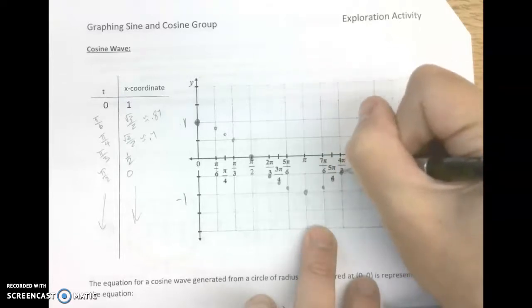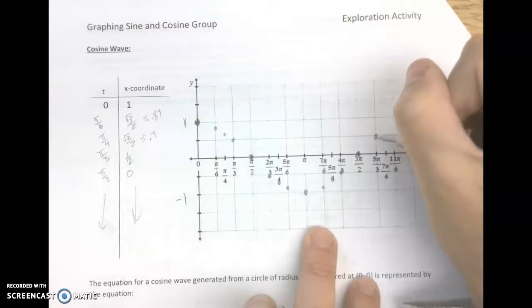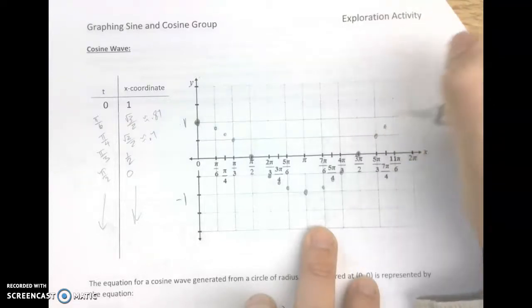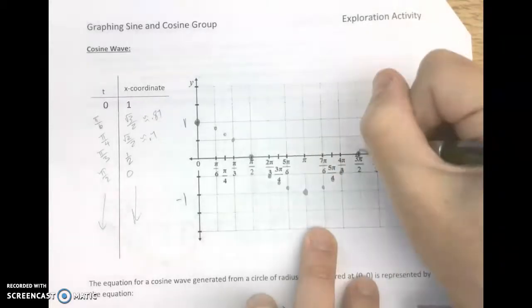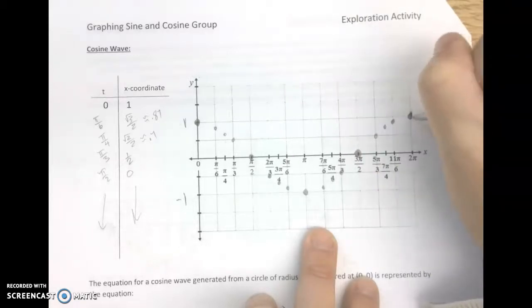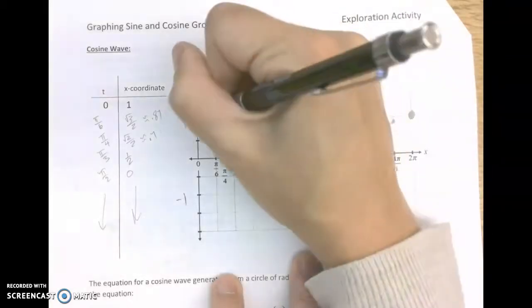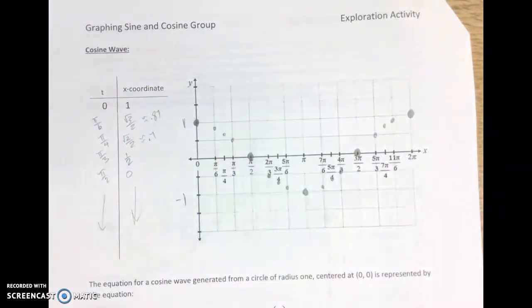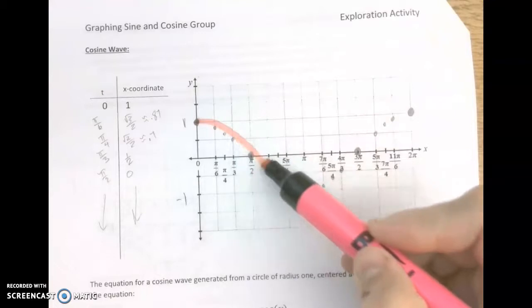There's always that symmetric point. Then we go back. Our critical points here are our maximums, our minimums, our zeros. And so our graph looks like this.